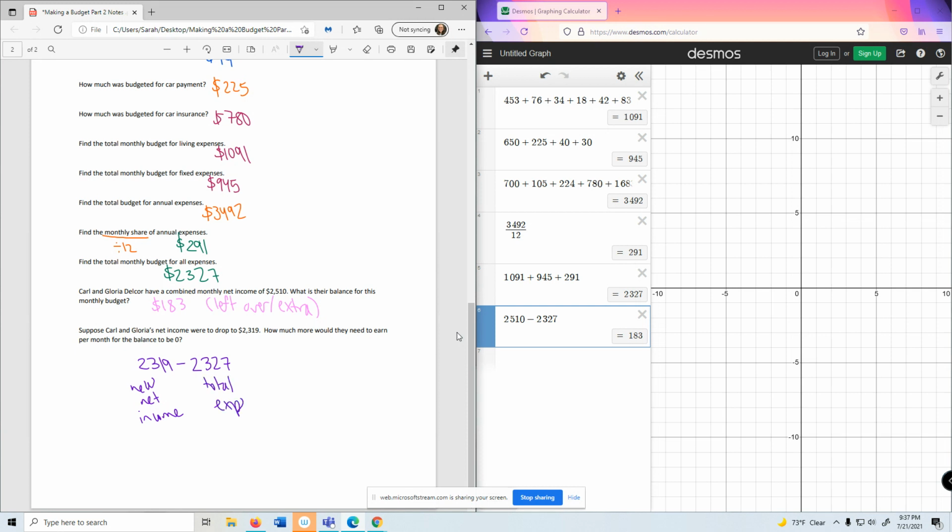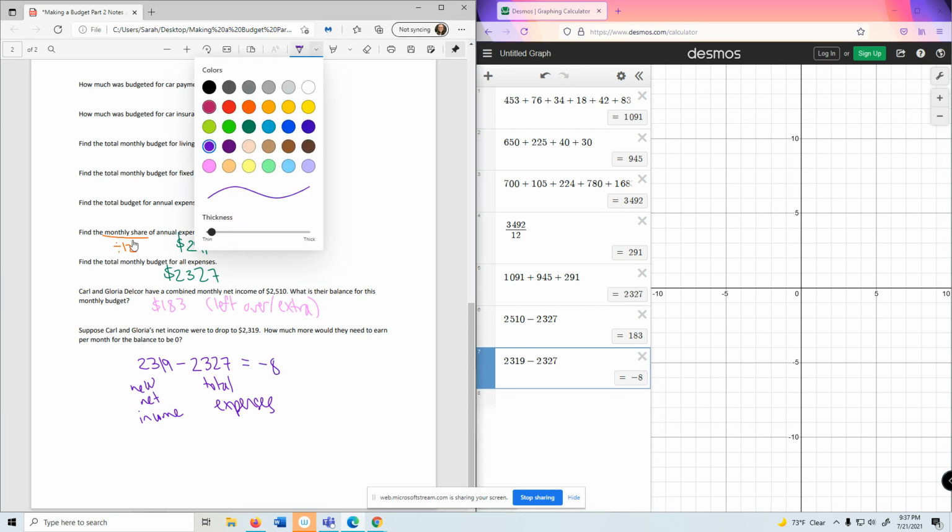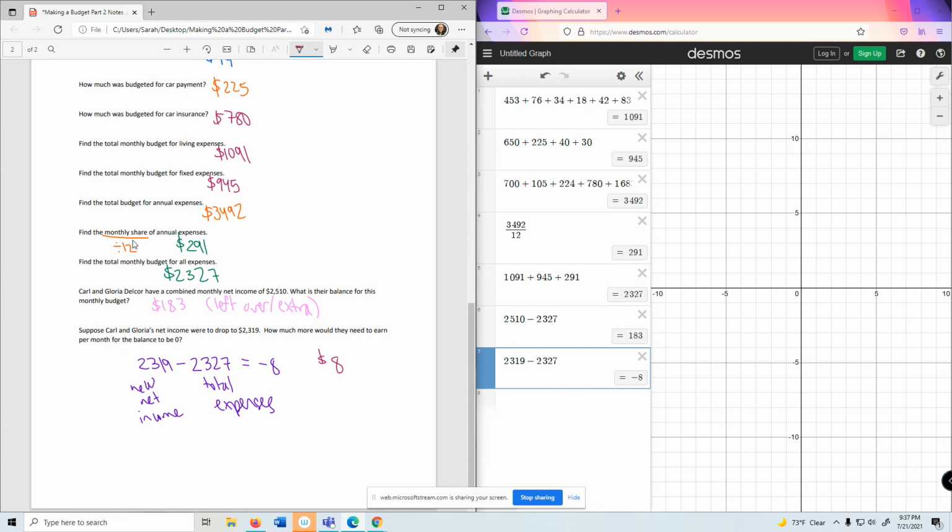If we subtract those, we get -8. And so that means they are $8 in debt. In order for the balance to be zero, or for them to break even, they would need to earn $8 more per month.